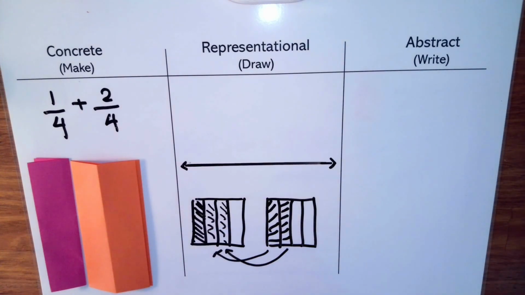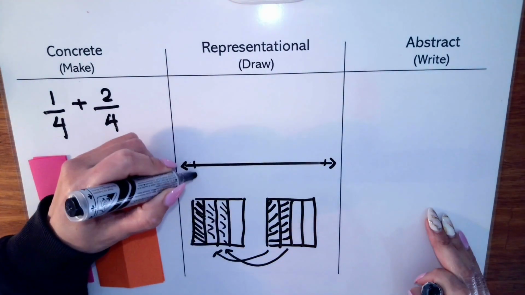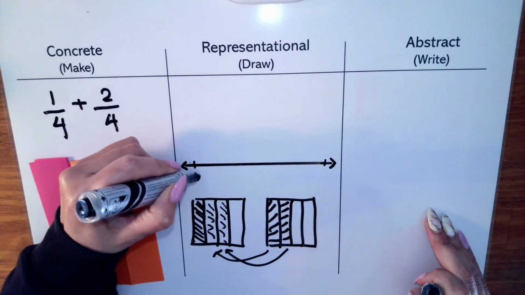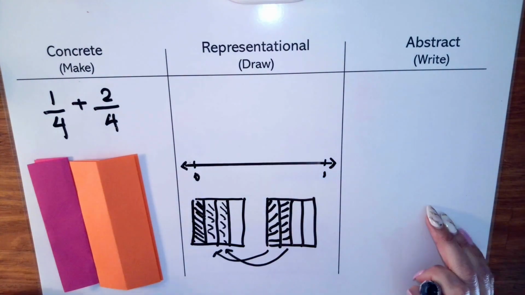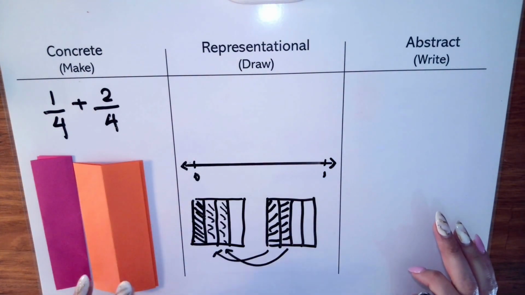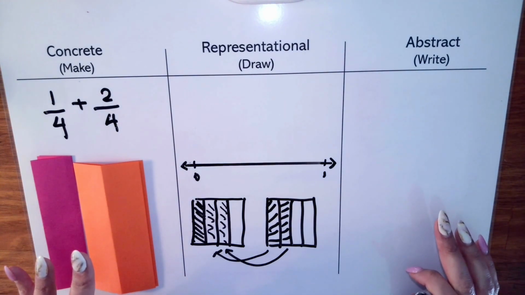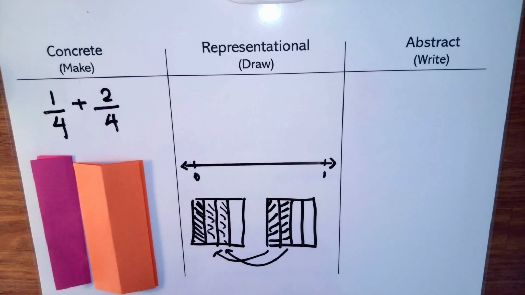But I like to sometimes encourage them to use a number line, because getting the students to place things on a number line, particularly fractions, is super important, because you want the students to see fractions as a part whole, but also as a number that falls along a number line. This is another practiced skill for your students.